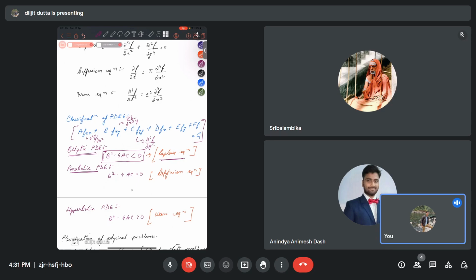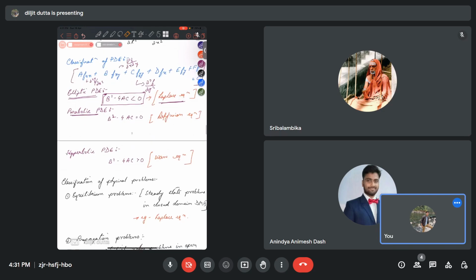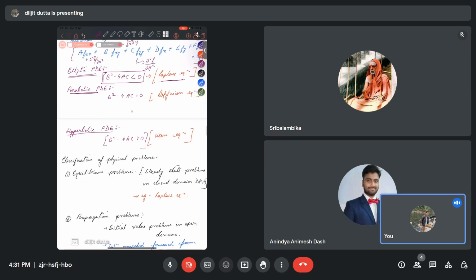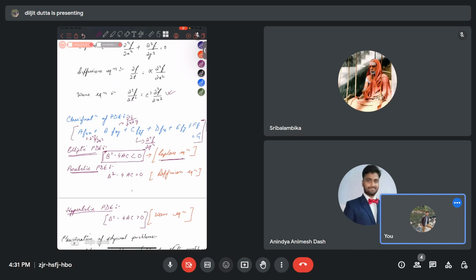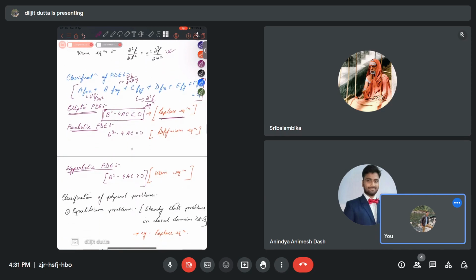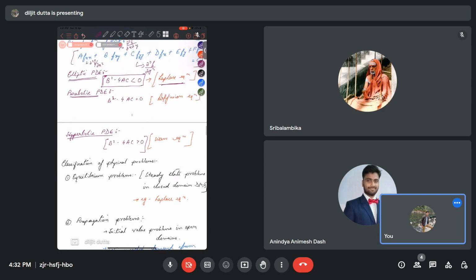And thirdly, there is the hyperbolic PDE, where b square minus 4ac is greater than 0, and the example of a hyperbolic equation is the wave equation that we have seen here. So this was about the types of PDE.